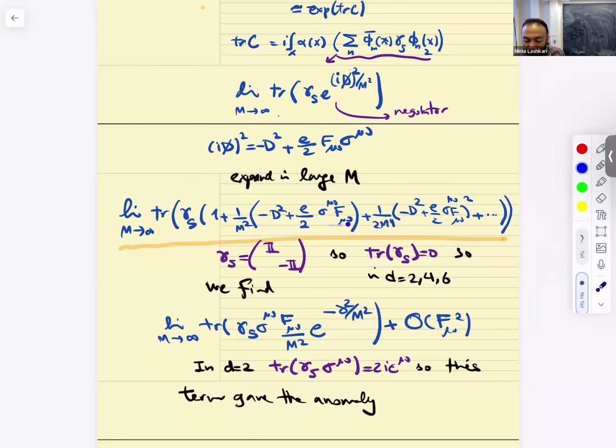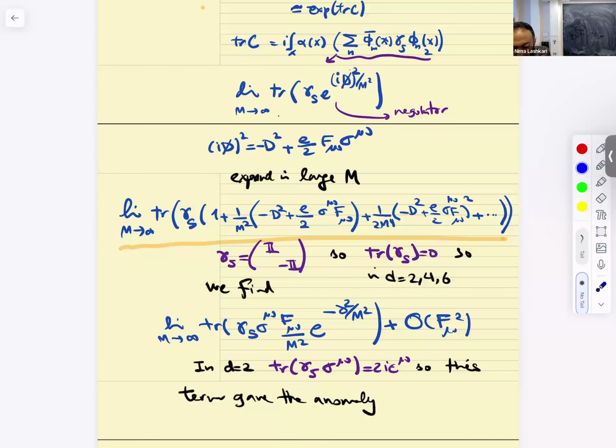What I've done is that I've taken this expression and expanded it to the first order in F. Any expression that has no F's in it will vanish, right? Because there's gamma 5, and the trace of that is 0. So the first order in F, this is the expression, there's F squared. So let's focus on this.